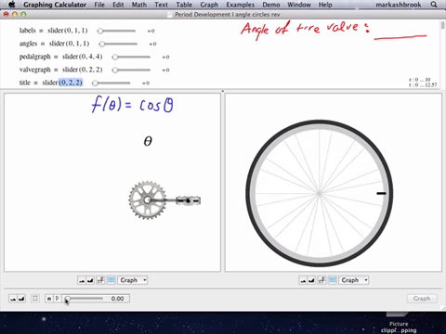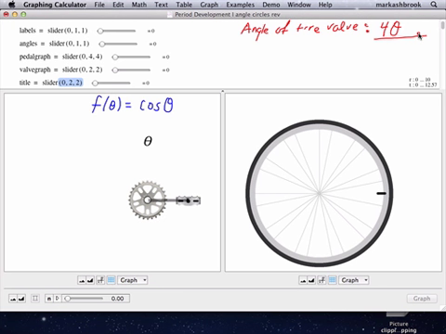We said for every 1 radian that the pedal turns, this will turn 4 radians. So that angle is always 4 times the pedal angle. So the angle of the pedal is just plain old theta. The angle of the tire valve is 4 times that, 4 theta.